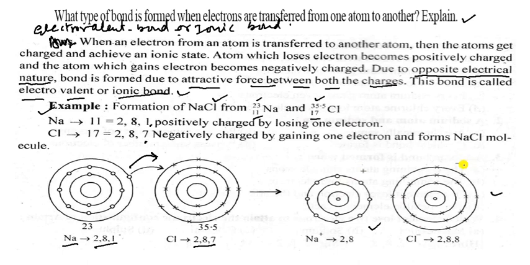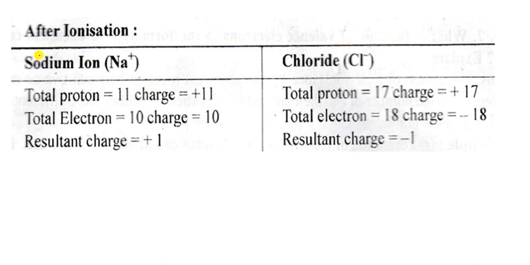In the outermost orbit of sodium there is 1 electron, and in chlorine there are 7 electrons. So 1 electron is transferred to chlorine and they form a complete octet, and sodium acquires a positive charge and chlorine acquires a negative charge because it has one more electron and sodium is losing one electron.